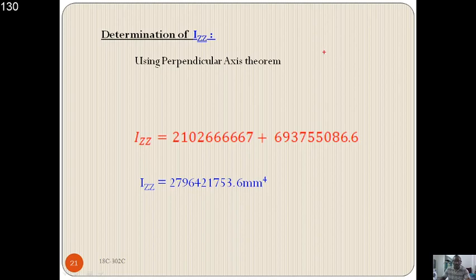So if I say that this is the xy plane, the Izz will be perpendicular to it, somewhere like this. Therefore this is the zz axis, which is perpendicular to the xy plane.